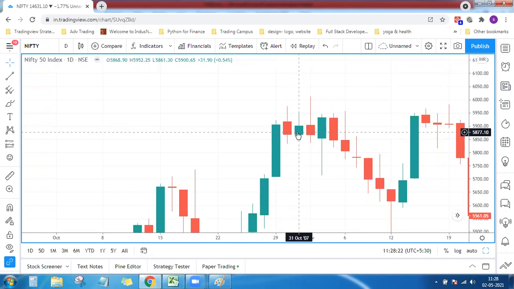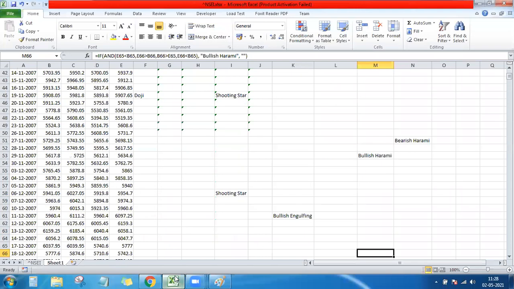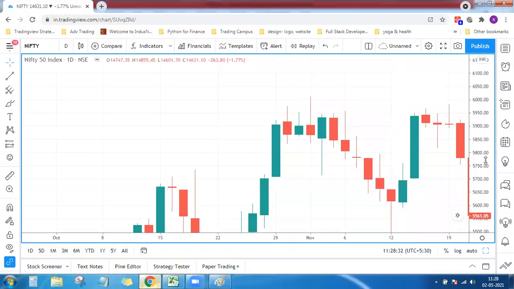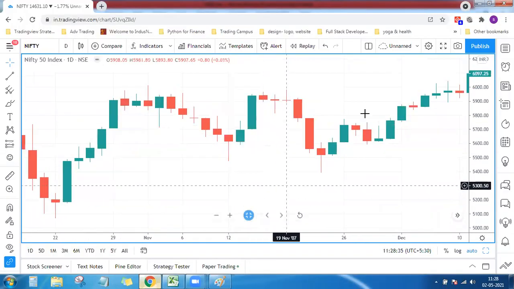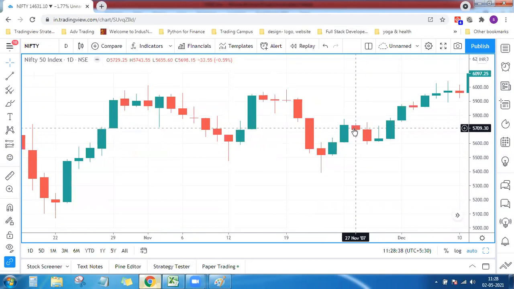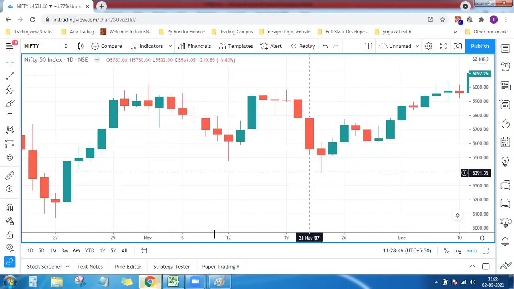Just a 15 paisa gap up opening. Then there is a bearish Harami on 27th November 2007. Here it is. Gap down opening slightly, and again on 30th November you have a slight gap up opening, so it is a bullish Harami.